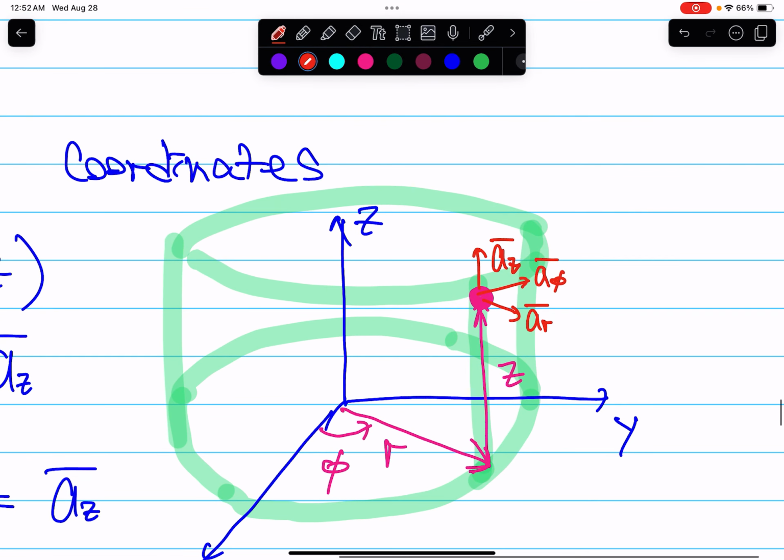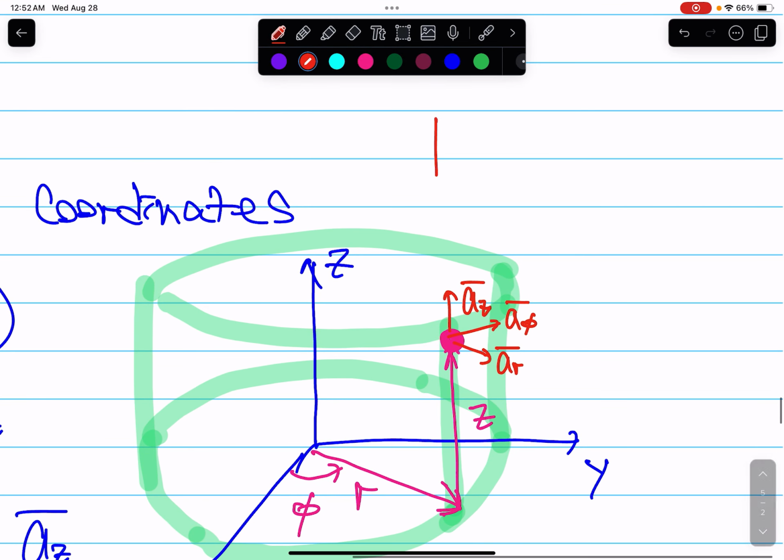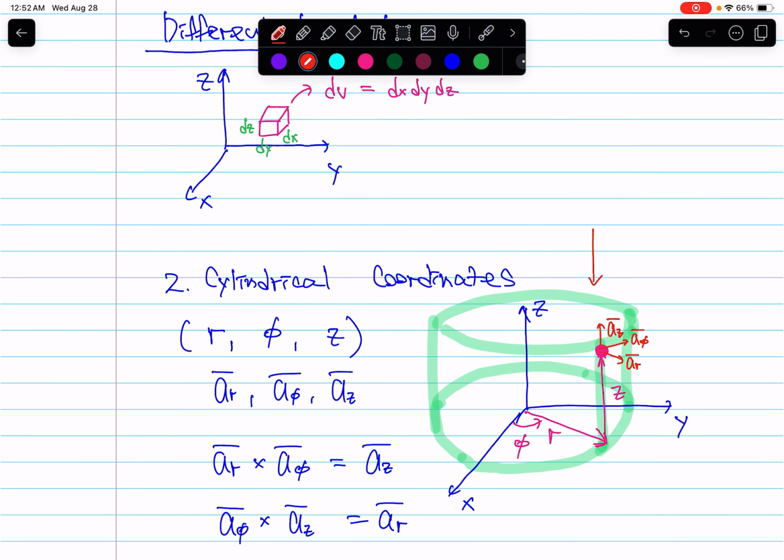And the reason is because if you look at this from the top down, then the way it looks like is you will see y-axis and an x-axis, and you will see a circle like this. Okay, if you look at from the top down view. And the r vector is essentially going to look like this.